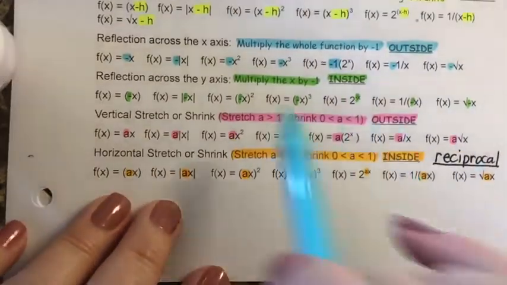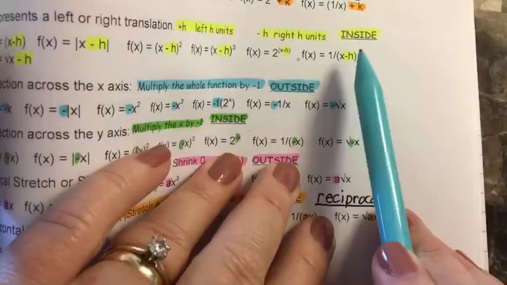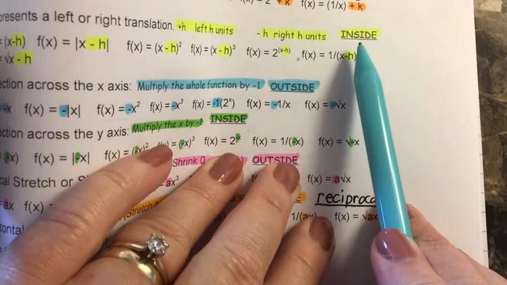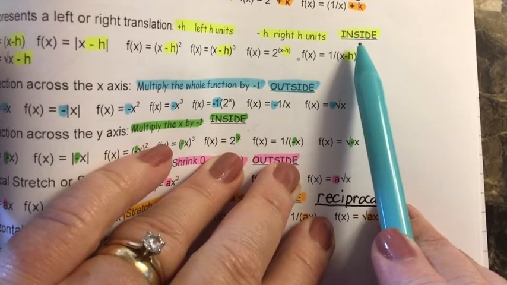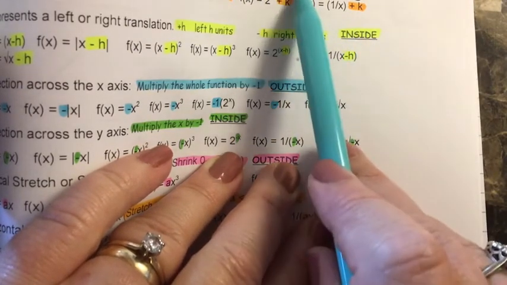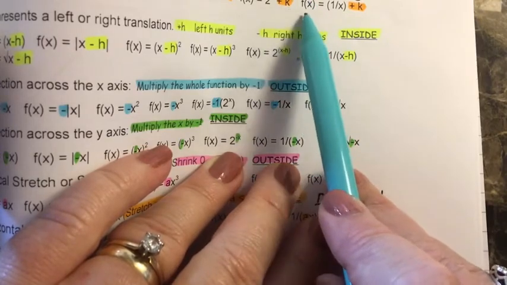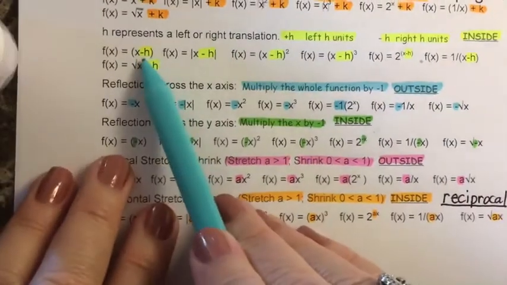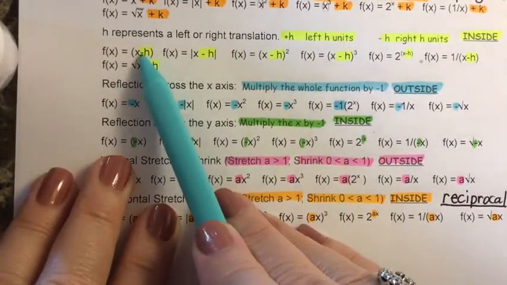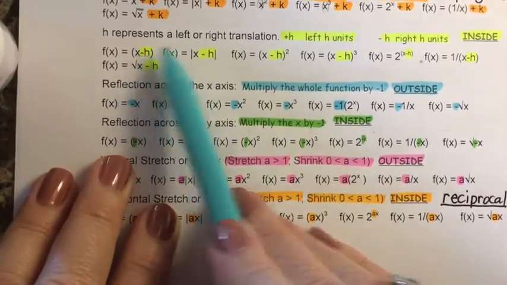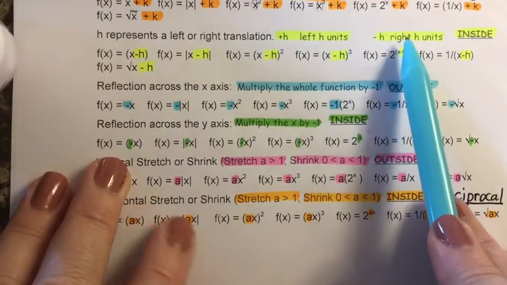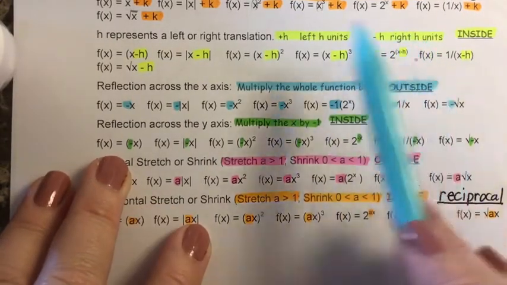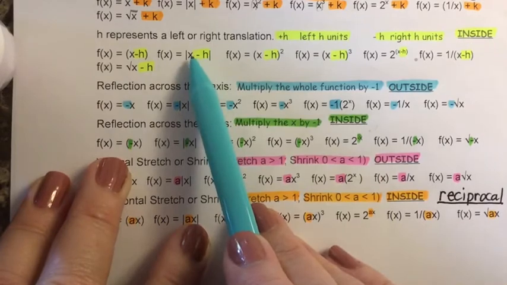Let's look at a left or right translation. It's on the inside when it's a left or right transformation. And remember, up here I said that x is alone inside. Notice here, now x is not alone, minus h is with it. If it's a minus h, then that's right h units. X is no longer alone inside the absolute value.